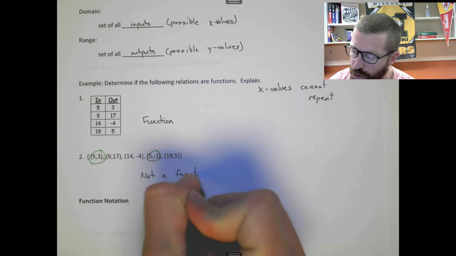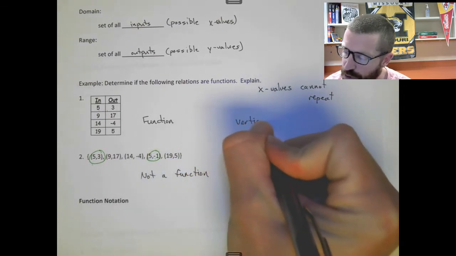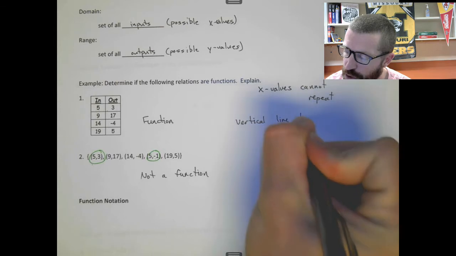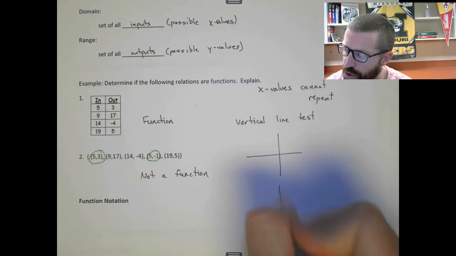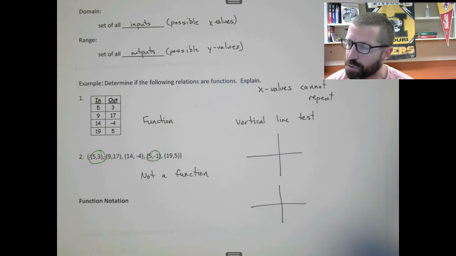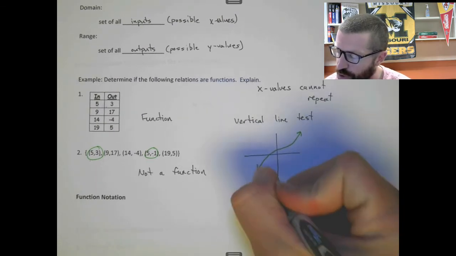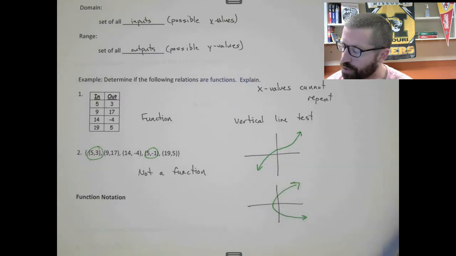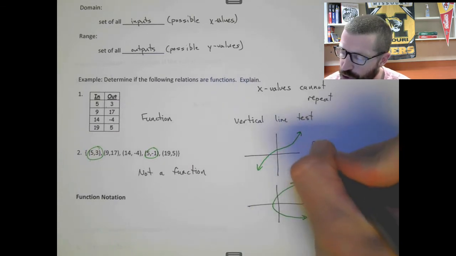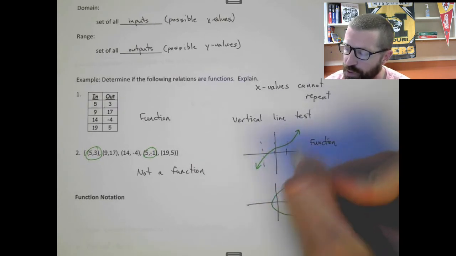You might also remember thinking about the vertical line test. If you look at the graph of a function, let's look at 2 of these, or a graph of a relationship. If I had something that looked like this versus something that looked like this, this is a function here because I can draw a vertical line everywhere on the graph and it only touches in one spot.